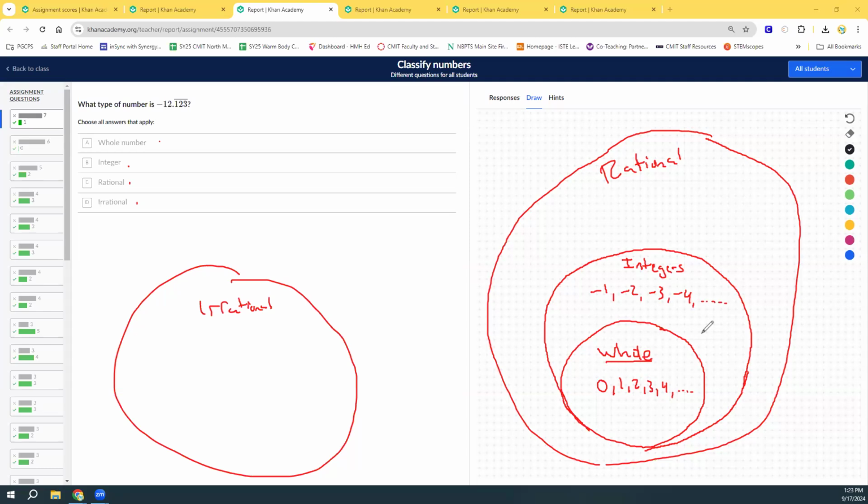Still no fractions, no decimals, but I want you to notice that integers include the whole numbers, right? So integers, should probably write that down. Somebody is going to be a little bit confused by that. Integers include whole numbers.